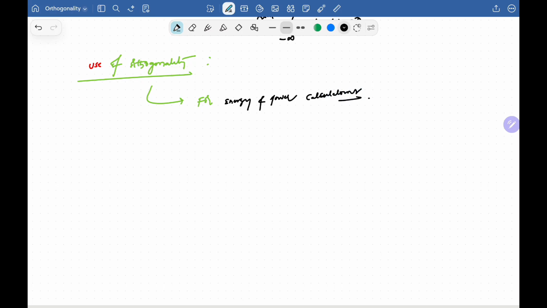It is very much needed because you need to find the energy and power in network circuits, in communication, and in signals and systems, because you are dealing with signals. You need to find the power and energy of those signals because you need to know the behavior of that signal. In order to do so, you go for the orthogonality condition.